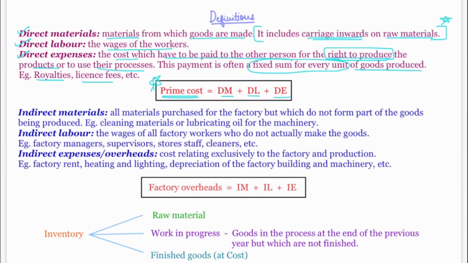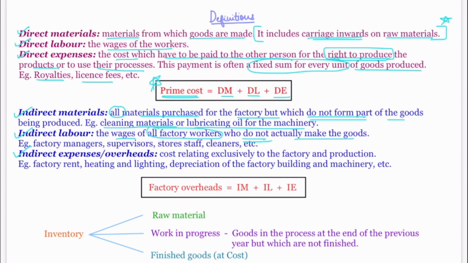Now the indirect cost which we saw earlier is also divided into three, that is indirect materials, indirect labor, and indirect expenses or overheads. Indirect materials are all purchased for the factory but do not form part of the goods being produced. It includes cleaning materials or lubricating oil for the machinery, etc. Indirect labor are the wages for all the factory workers who do not actually make the goods.